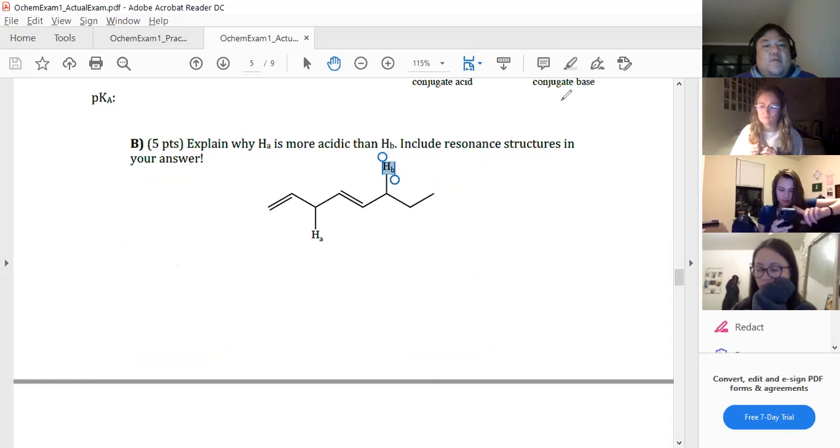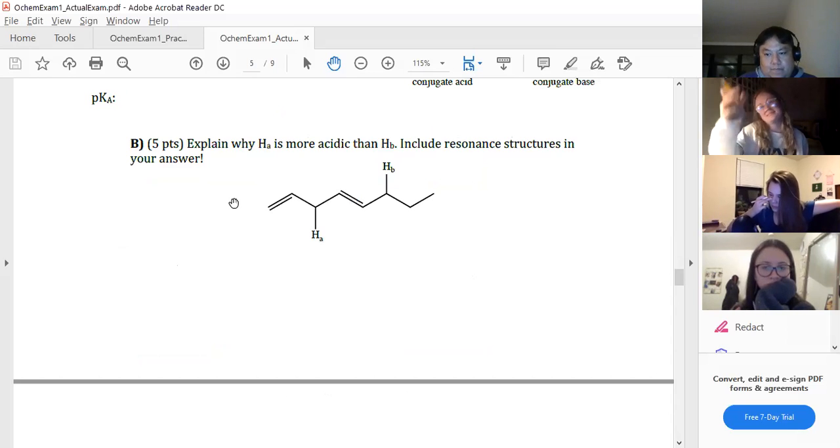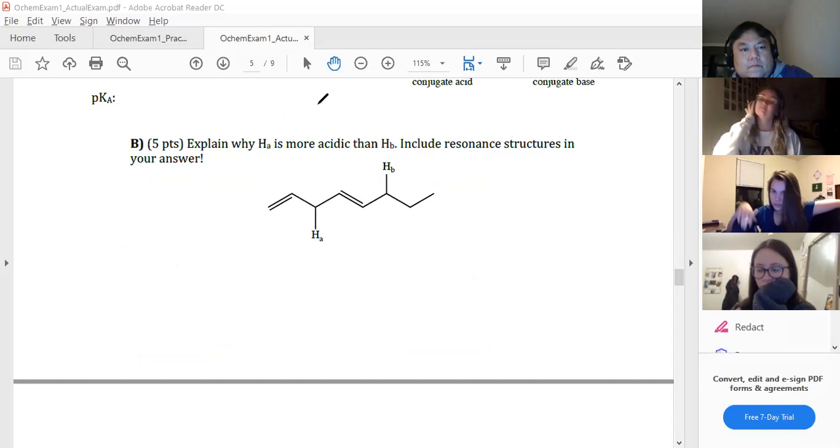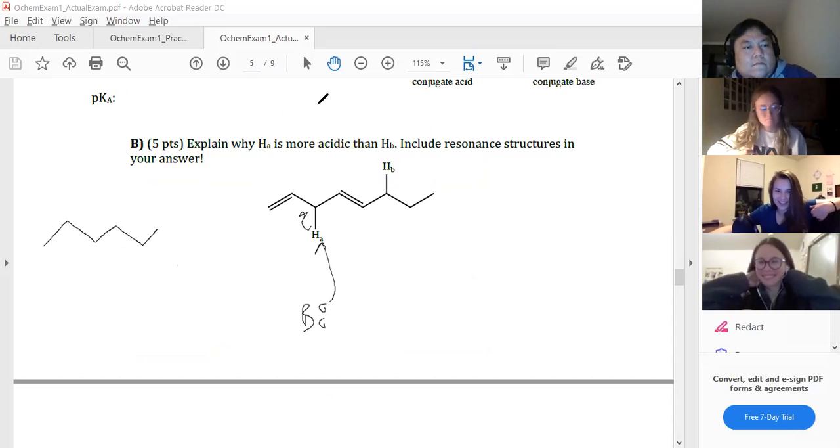Explain why HA is more acidic than HB. Include resonance structures in your answer. So if it tells you to include resonance structures, why do you think HA is going to be more acidic than HB? Any idea? I don't know if this is right because my tutor helped me with this, but he basically told me to look at HA because it has double bonds closer to it.